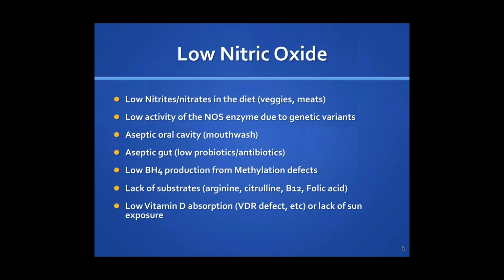Other causes are low activity of the nitric oxide synthase enzyme due to genetic variants, and I'll show you those in a little bit; an aseptic oral cavity through mouthwash; an aseptic gut through low probiotics and antibiotics; low BH4 production from methylation defects or lack of substrates, which are arginine, citrulline, B12, folic acid, again, the methylation products; and low vitamin D absorption through vitamin D defects or lack of sun exposure. And that's another way we can get nitric oxide, through sun exposure, so it's created in our skin.